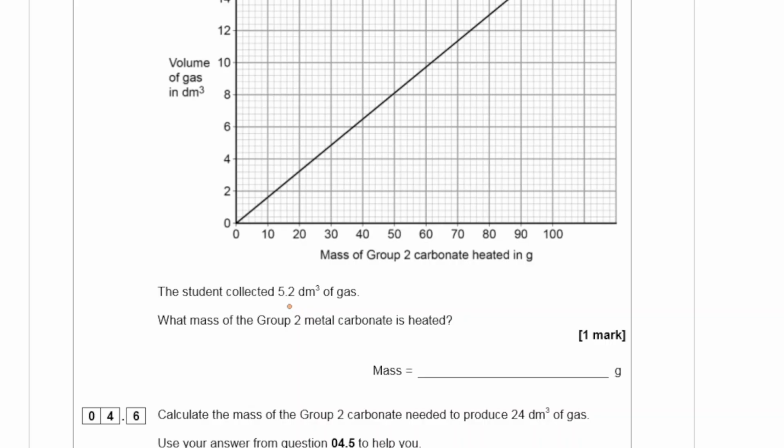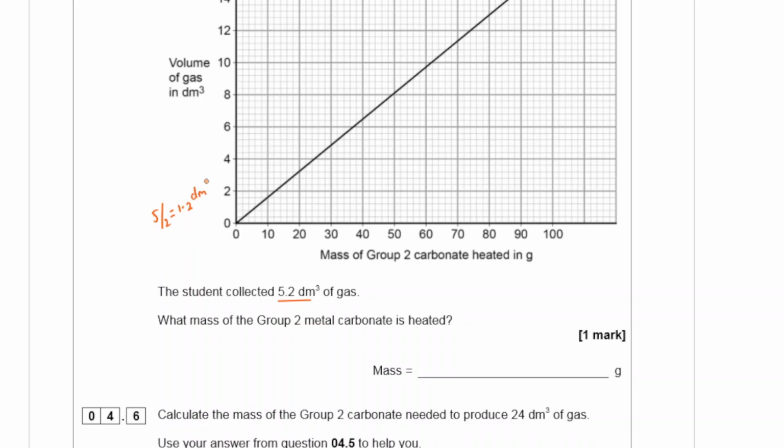The student collected 5.2 dm cube of gas. What mass of group 2 metal carbonate is heated? So 0 to 2, 5 boxes divided by 2 is going to be 1.2 dm cube.